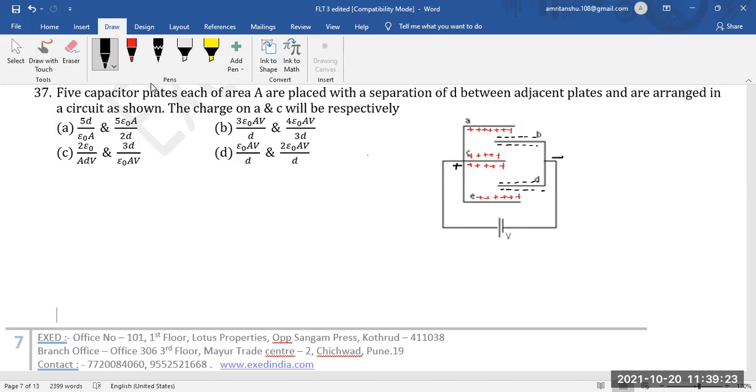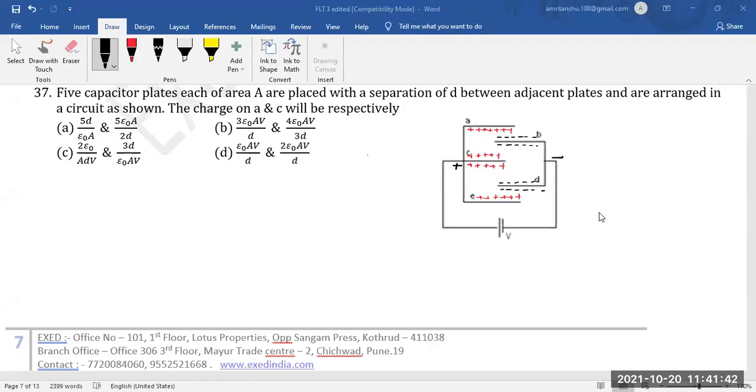So we can see the capacitors being formed. What are the capacitors being formed? Let's say this is one capacitor, two, three, and four. So here four capacitors are being formed.